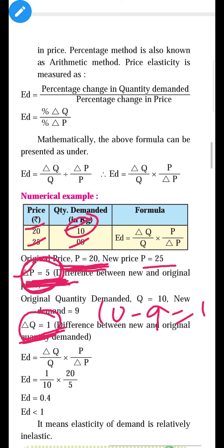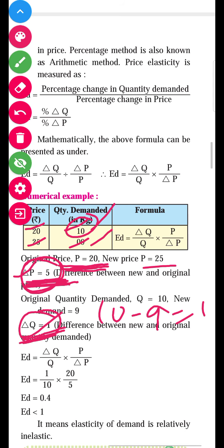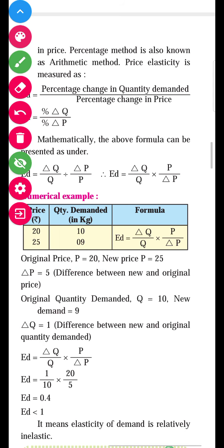It means the change in demand is the difference between the old demand and the new demand. The old demand is 10 kg and the new demand is 9 kg. So 10 minus 9, the difference between 10 and 9, is 1. So delta Q is equal to 1. Okay, so we have all the values according to the formula.